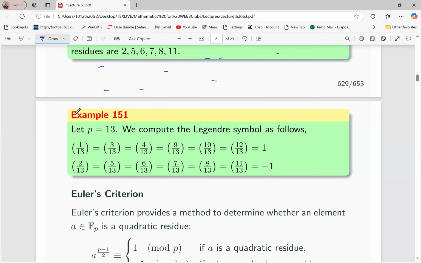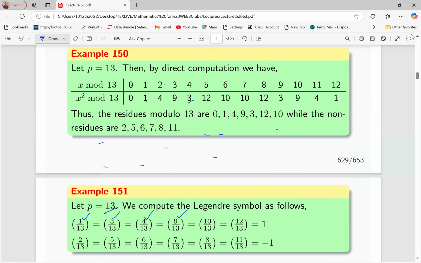It's telling us what is happening here. I'm asking myself, is 1 a quadratic residue? Is 3 a quadratic residue? Is 4 a quadratic residue? Is 9? From what we've just done above, we found that 1 is a quadratic residue. So that means the Legendre symbol, 1 out of 13, is supposed to give us 1.